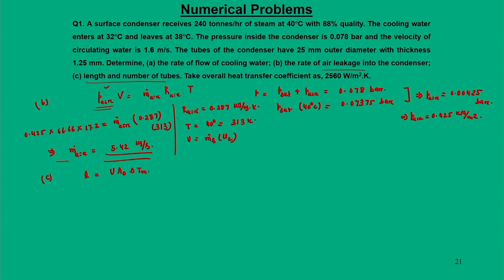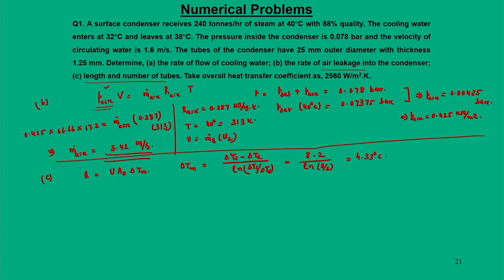Now, this delta Tm is equal to delta Ti minus delta Te divided by ln of delta Ti by delta Te, that is equal to 8 minus 2 by ln 8 by 2. So, this number is 4.33 degree centigrade. U is given as 2560 watt per meter square Kelvin.